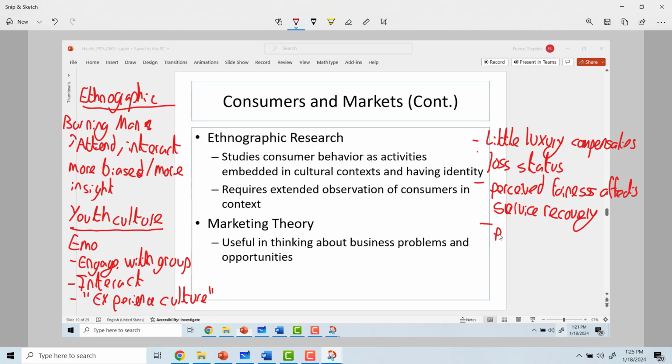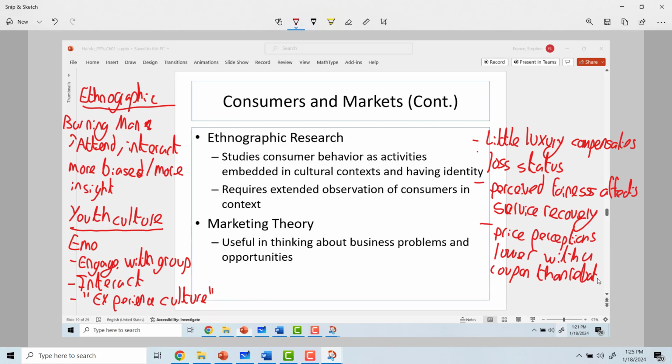And then price perceptions are lower with a coupon than a rebate.